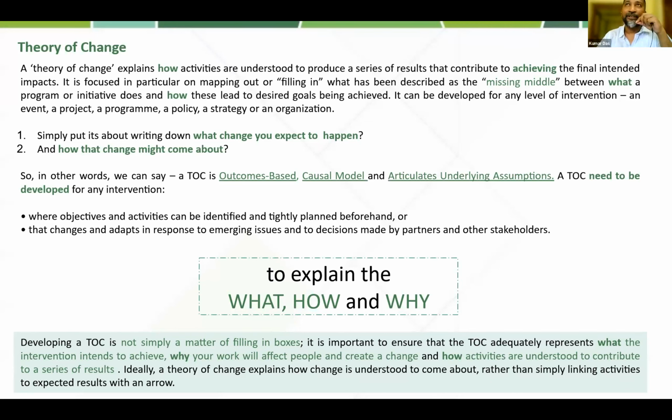Whether you are working on a small project, a larger program, or at the organization level, you can develop a ToC for anything. For your program, it helps explain what you want to achieve, how you want to achieve it, and why.